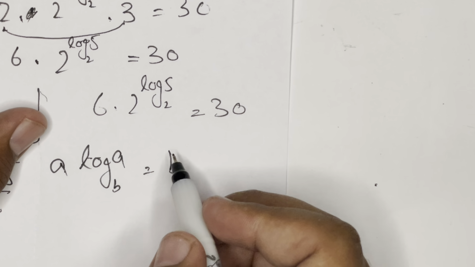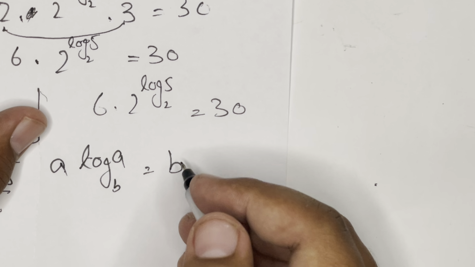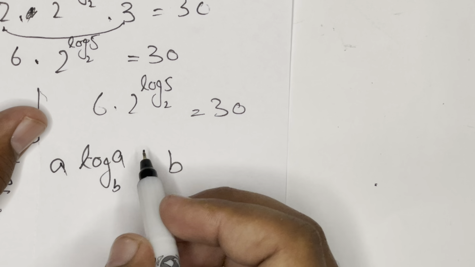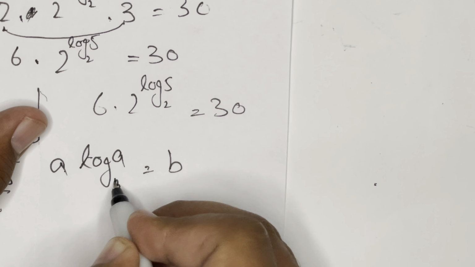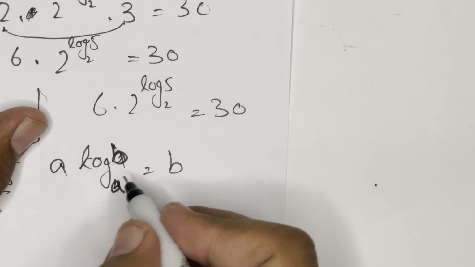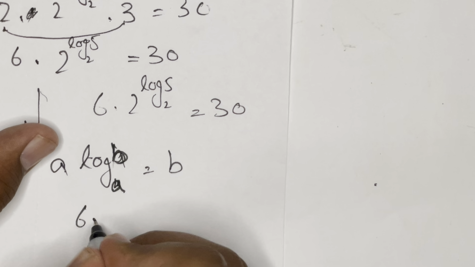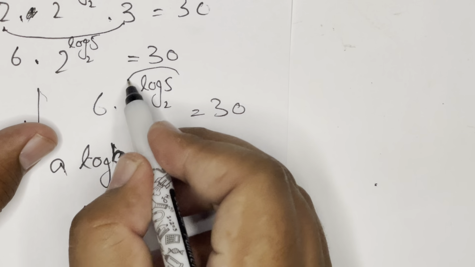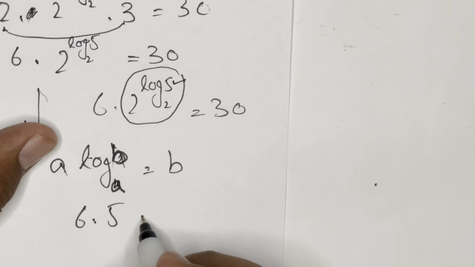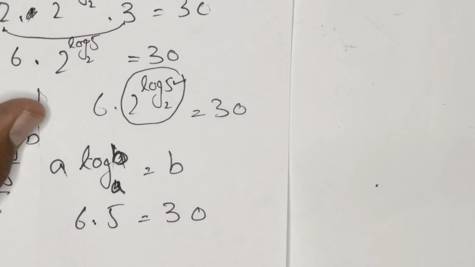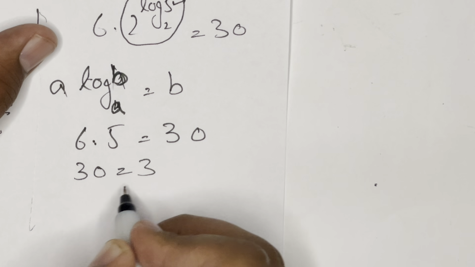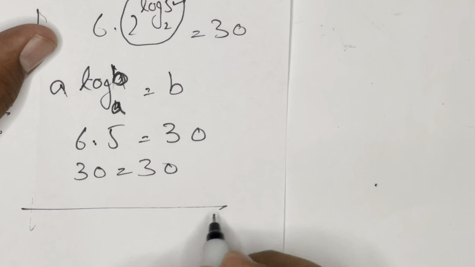In this question, 2 is a and 5 is b, so I can write 6 into 5 equal to 30. So 5 sixes are 30, equal to 30. So this is a true solution.